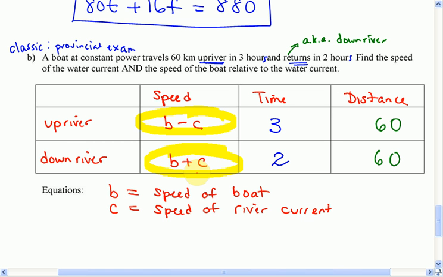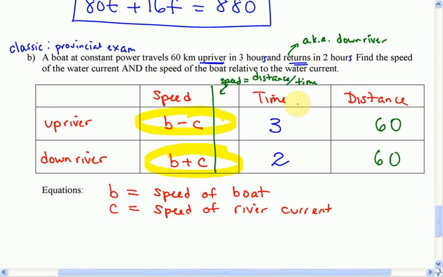Now, it's up to you what you want to do next. Using physics, what's speed equal to? Distance divided by time. So if I do a quick column here, speed is equal to distance divided by time, and we have those numbers, don't we?